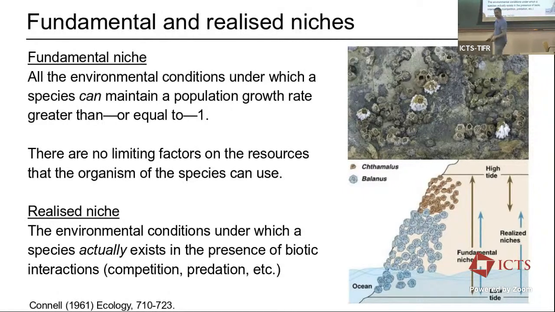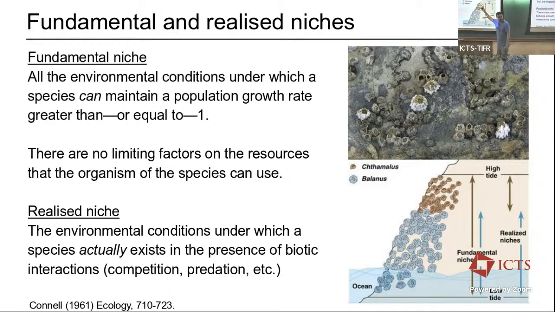And so what Cornell does is that he removes Thamellus, and in another experiment he removes Balanus. So actually Thamellus is found here in reality, in nature. Right? But if you remove Balanus, then Thamellus is able to colonize the lower parts of the intertidal pool.